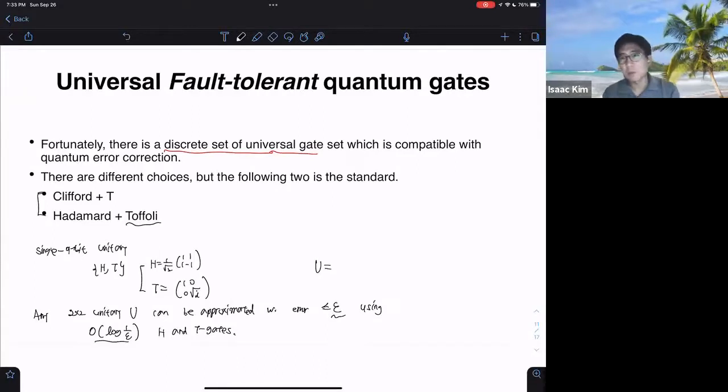I wrote down my quantum algorithm, and I need to use this gate U with entries A, B, C, D, where ABCD are some numbers, and I want to be able to approximate this U up to an error of epsilon using H and T. So how do I do that? It's not obvious how one can do that.